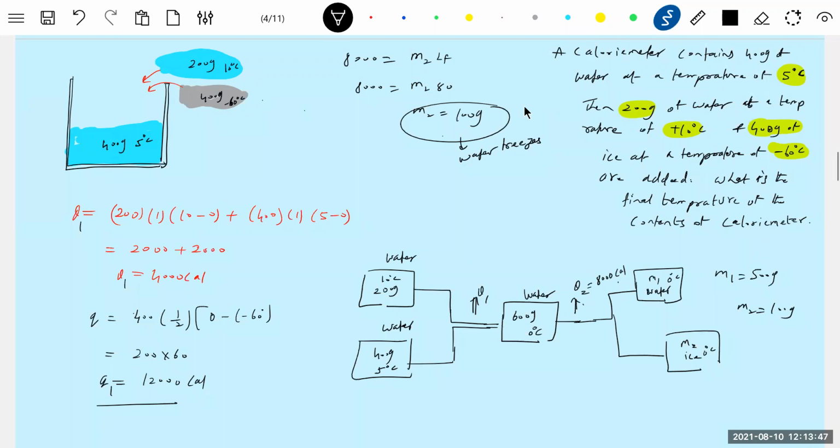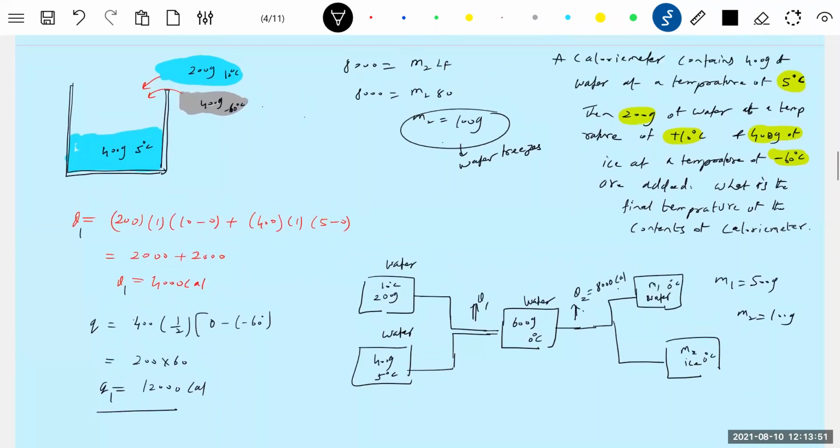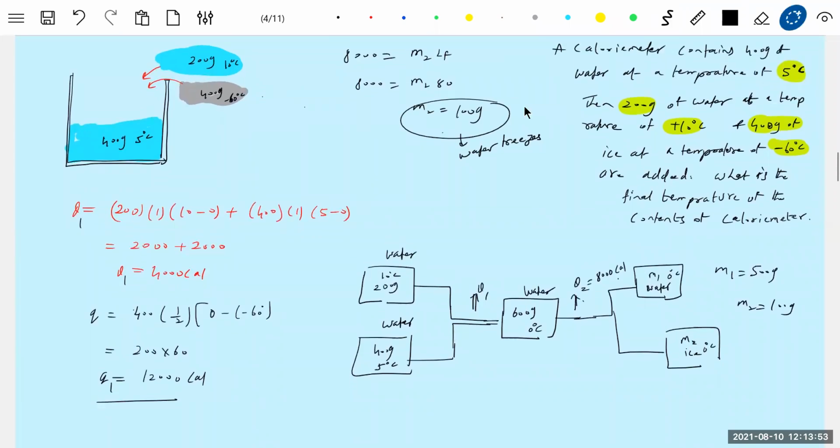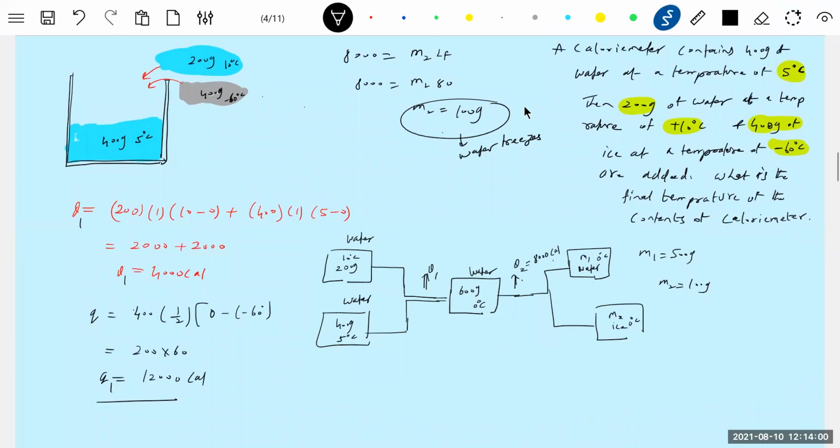So what is the final content? The final content, shall we add up? It will be at 0 degrees Celsius.